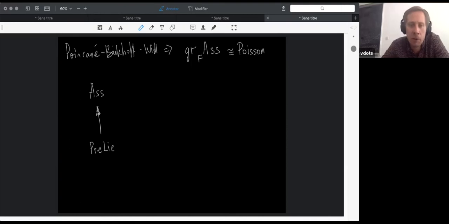So there is a quotient map from the operad of the PreLie algebras to the operad of the associative algebras, where you force the product to be associative. Then there is this associated graded that makes the Poisson operad out of the associative operad, which I just told you.